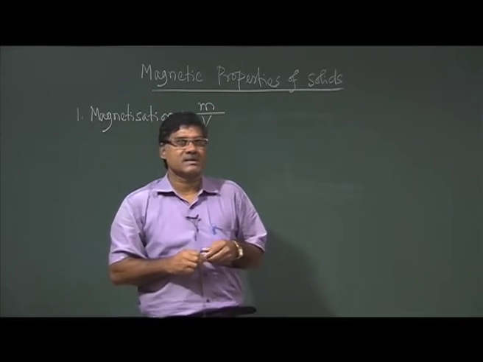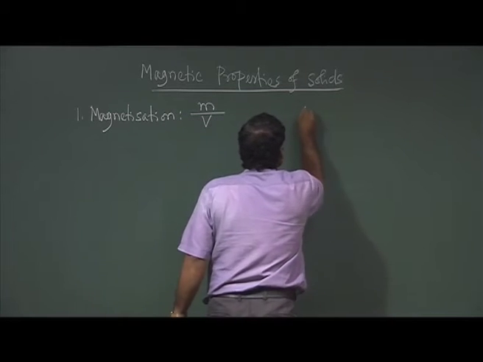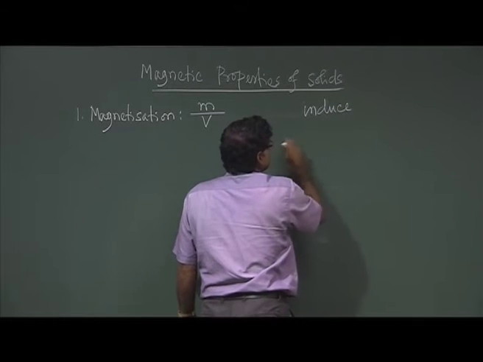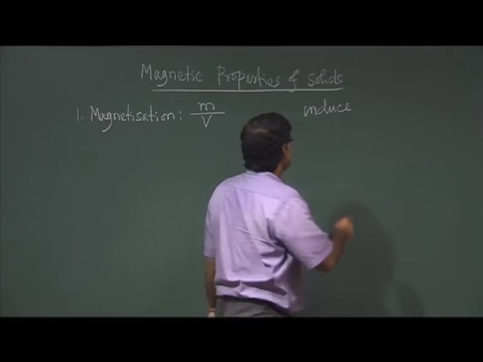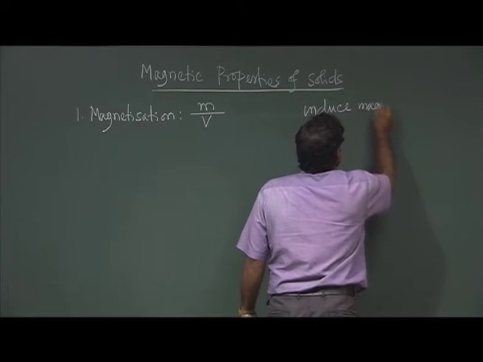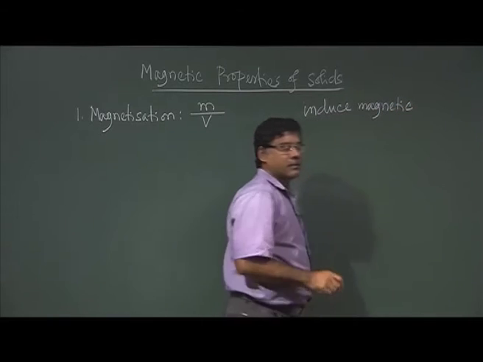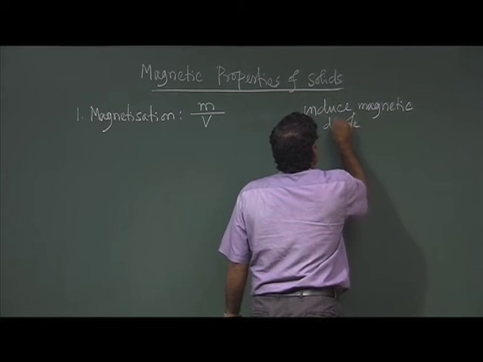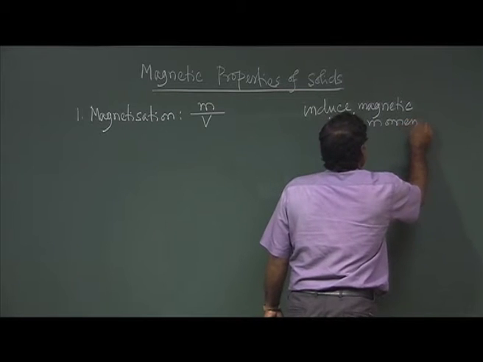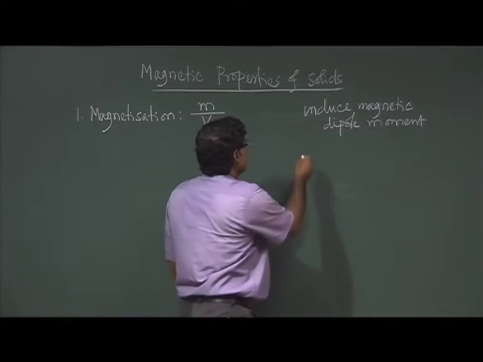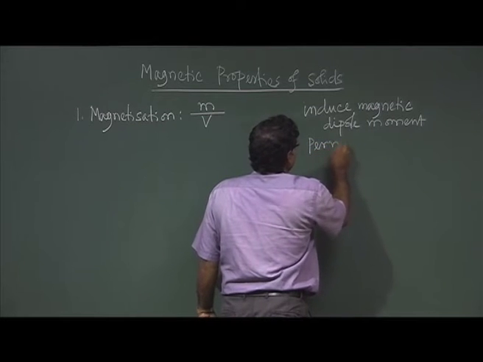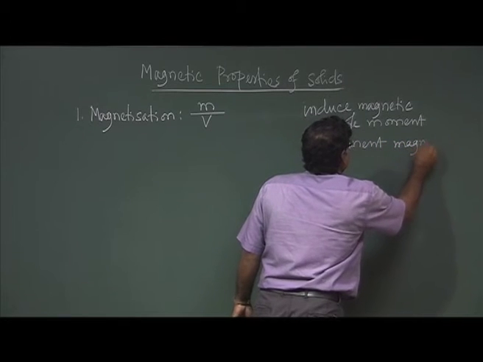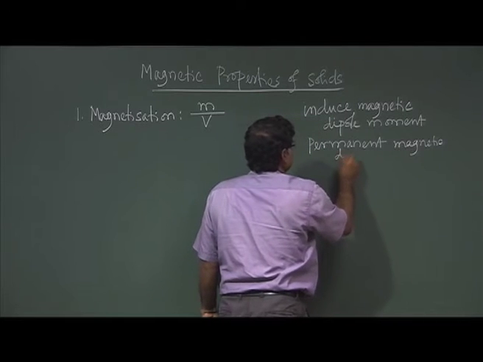Two types of magnetic moments are there. One is induced magnetic dipole moment, and another is permanent magnetic dipole moment.